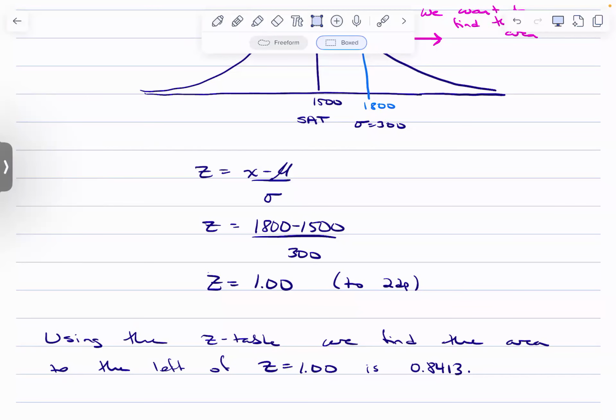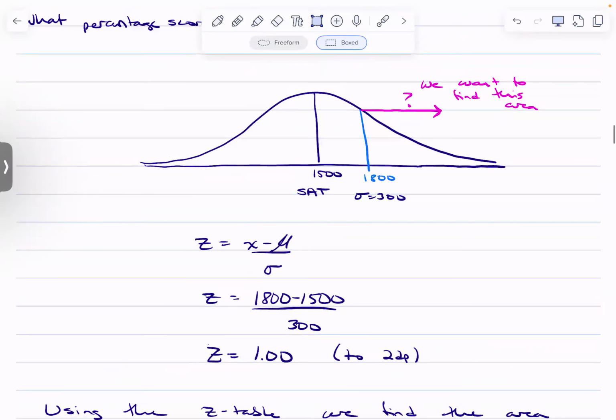How can I draw this? Here's a little weird move that we're allowed to make. It doesn't matter the scale, the probabilities will stay the same. So whether you're on a 1500, 300 scale or a 0, 1 scale, which Z is, it'll just map back to the same probabilities.